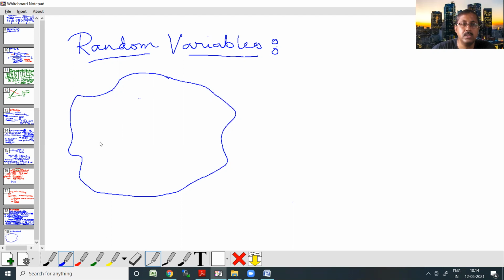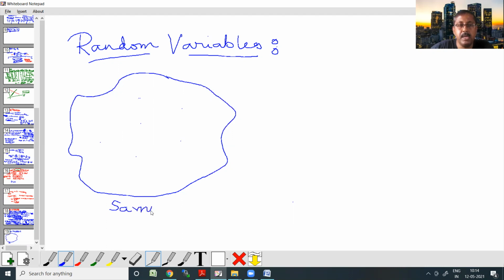So this is one sample point, this is one sample point, and there can be multiple sample points, each of which represents a particular outcome of the random experiment. This whole thing we can call a sample space.